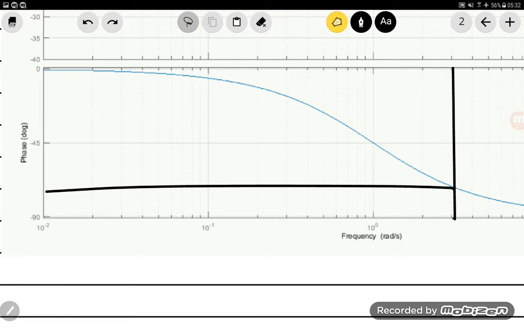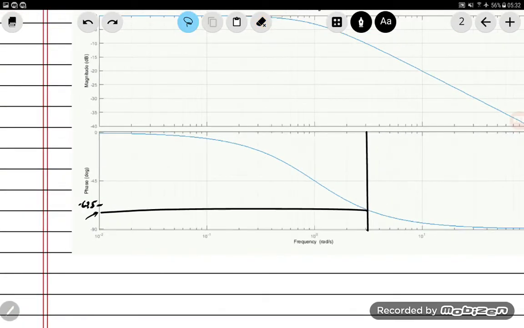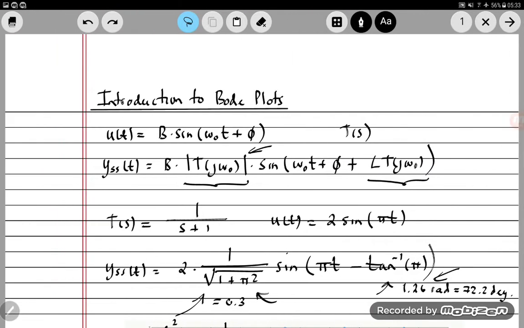A little bit better, but anyway. We know that this half distance between minus 45 and minus 90 should be minus 67.5. So it's reasonable to assume that this phase angle is the phase angle that we calculated, which was 72.2 degrees.